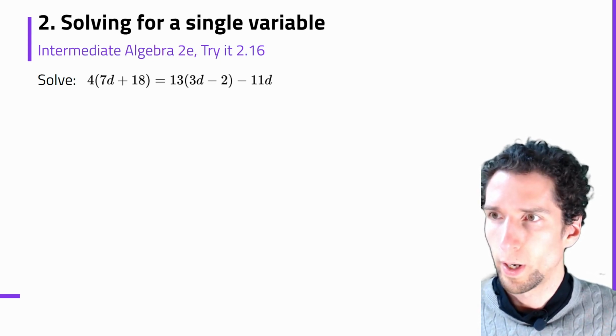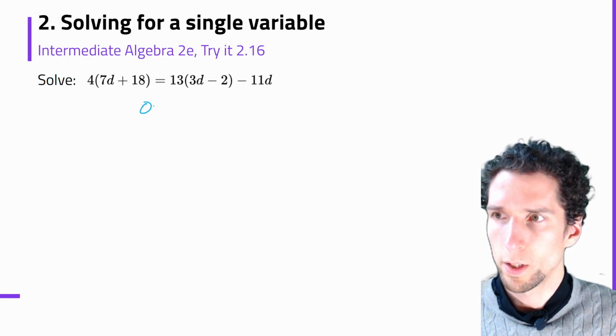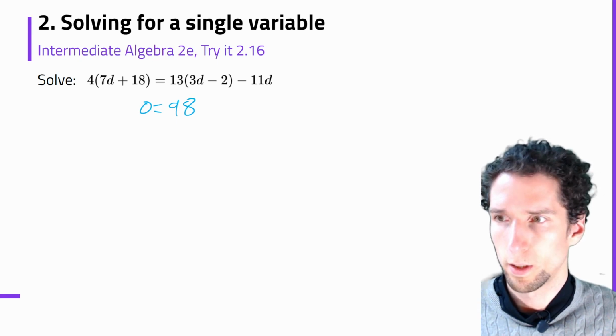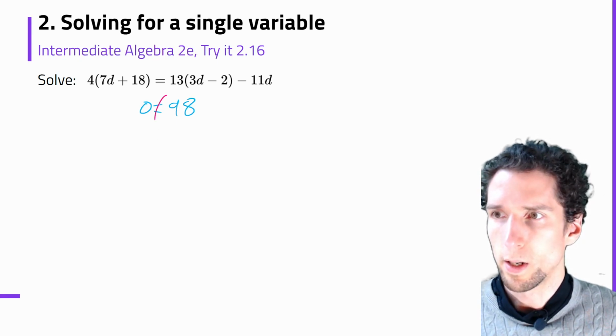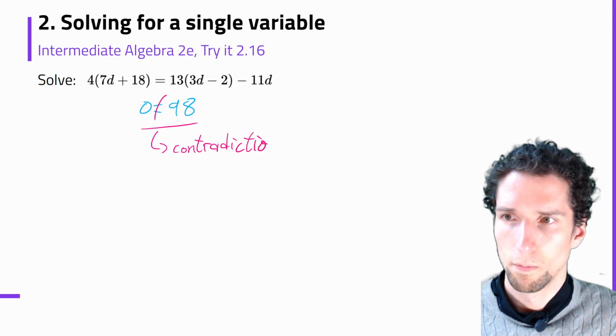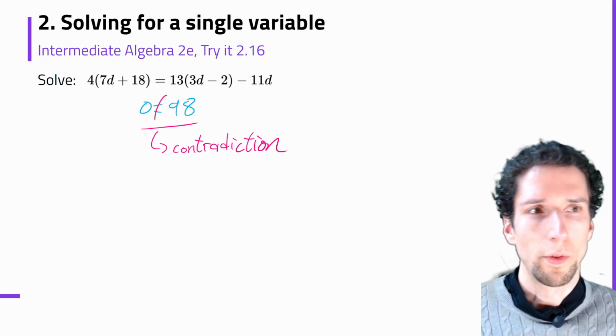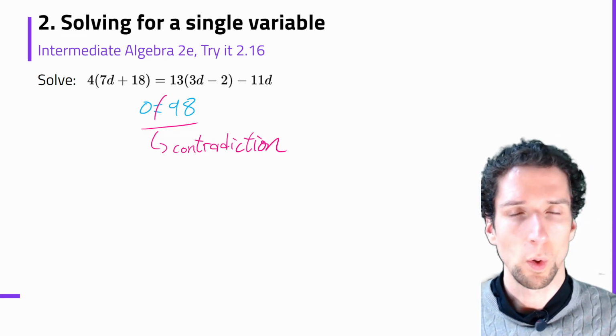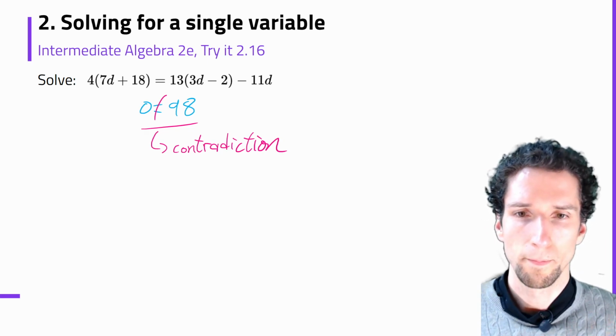When I simplified, the d's disappeared, so I ended up with 0 equals 98. But of course that is not true, so a contradiction. So that was my solution here, my result. Hopefully you got the same thing.